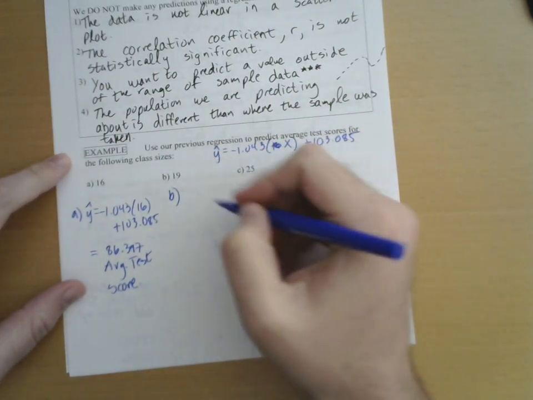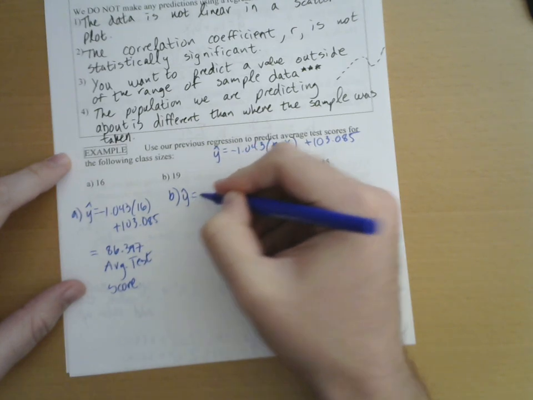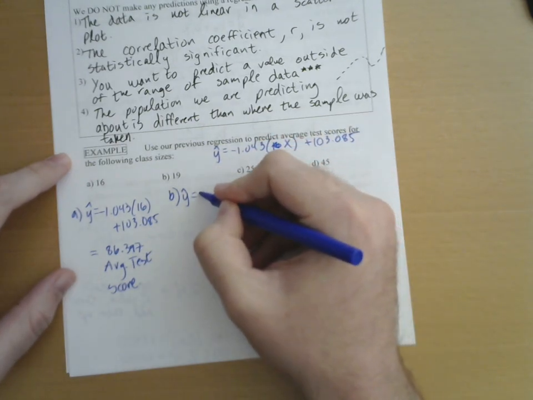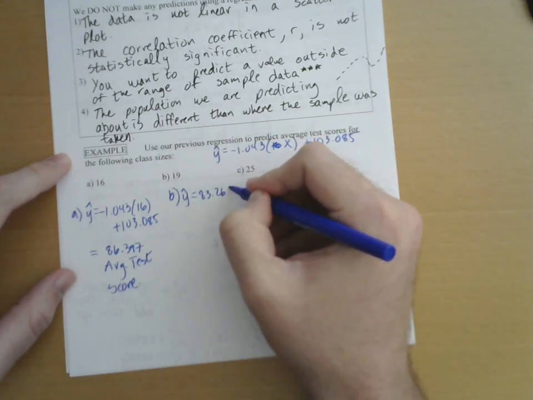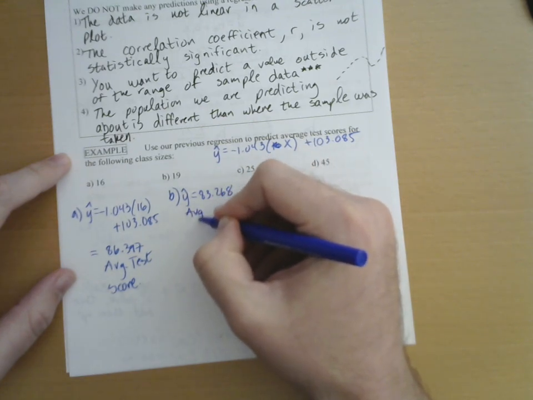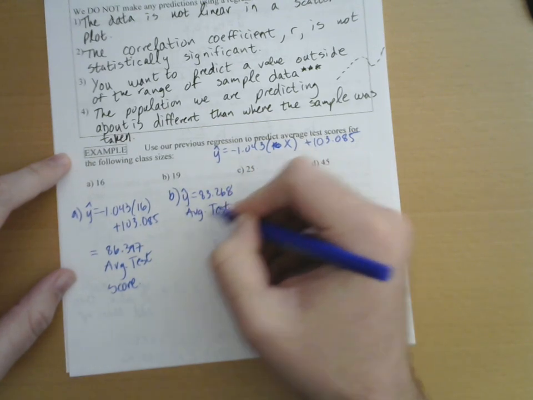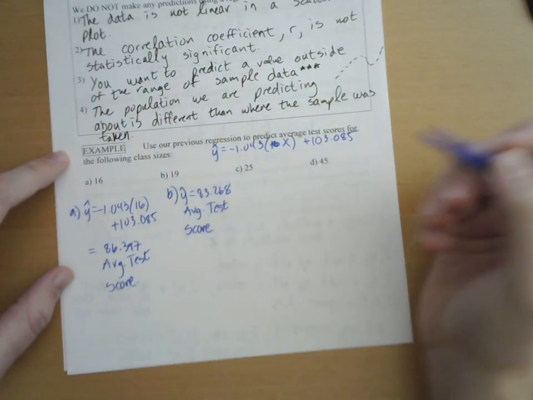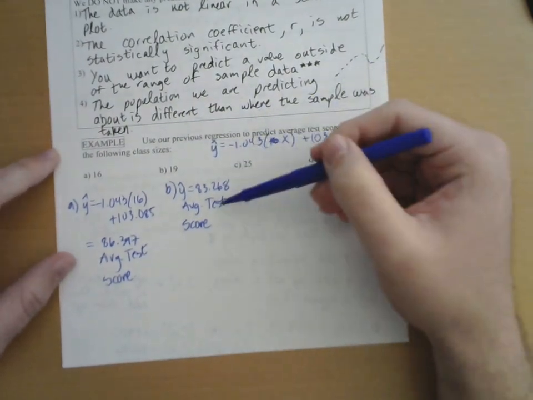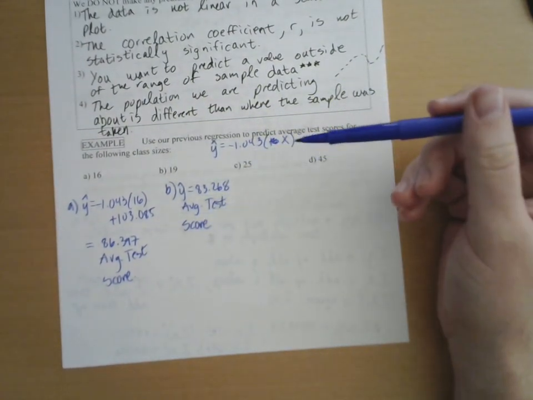19, again, falls in the range. So we're just plugging in 19, and when we do, we get 83.268. Again, this is an average test score. So for a class size of 19, we predict 83.268.